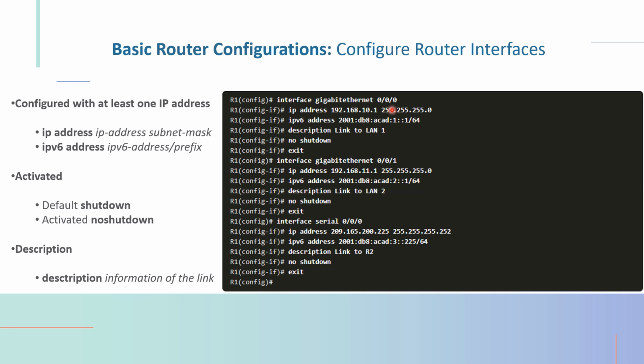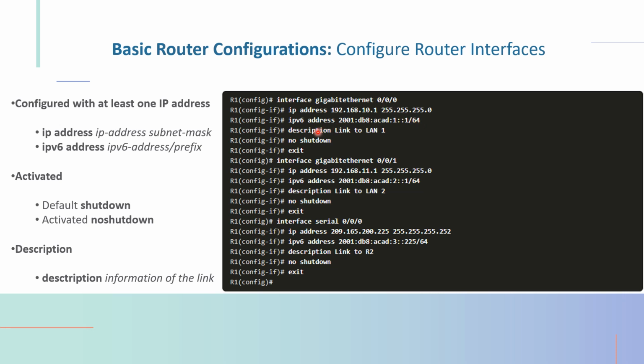On this interface, we can configure the IP address, which will be the default gateway for LAN 1. With the ip address command and the IP address and the subnet mask, we are configuring the IPv4 address for this interface, and with ipv6 address followed by the IPv6 address/prefix, we are configuring the IPv6 address for this interface.